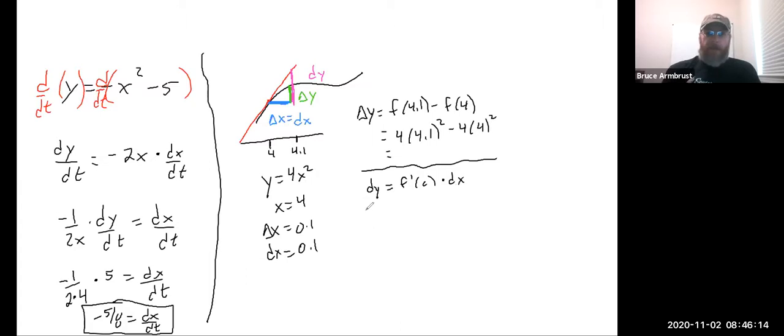So in this case, the derivative is 8x. So dy is going to be 8 times 4, because that's where we are, times dx, which is 0.1. And so dy is 3.2.